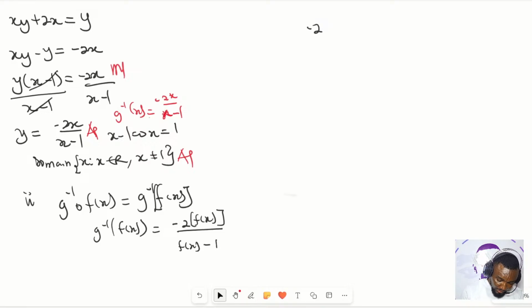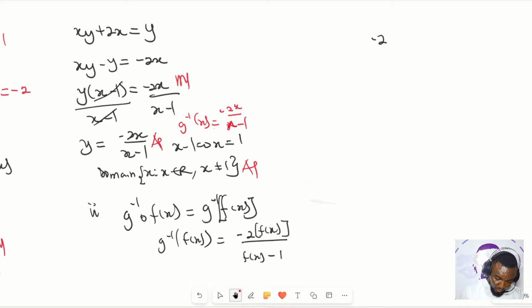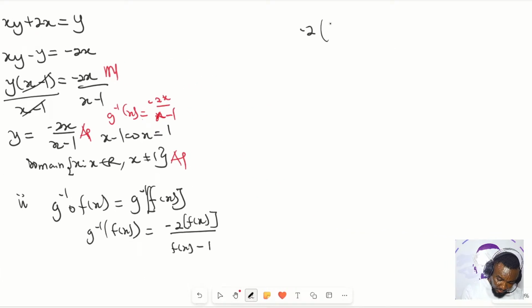We know f of x is basically x over x squared minus 1. So we have negative 2 multiplying x over x squared minus 1, all this over x over x squared minus 1 minus 1. So that is J inverse of f of x.